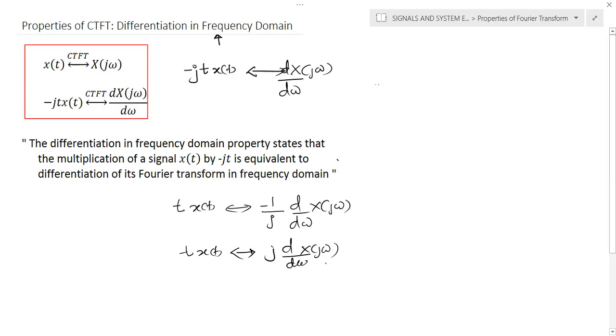This is also a very common notation, and you can expect this kind of questions. If any signal is multiplied by a factor t in time domain, it's equivalent to a frequency domain differentiation. One more thing you need to remember is that we need to multiply with j: j into d by d omega into X of j omega.